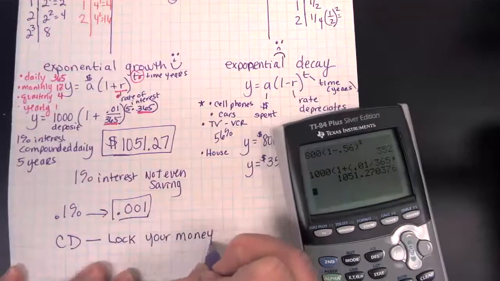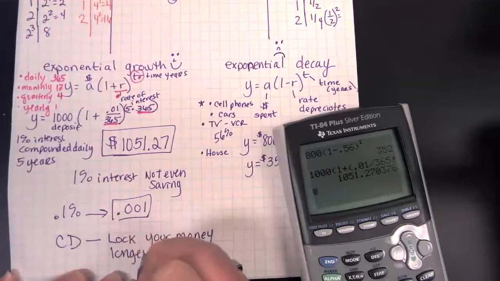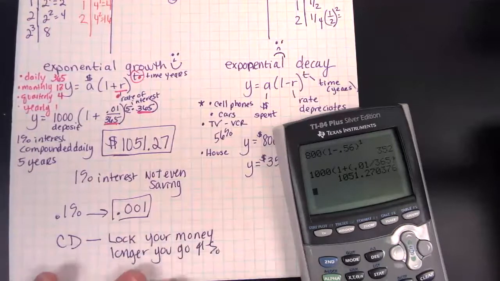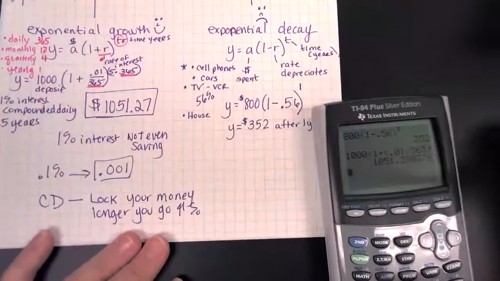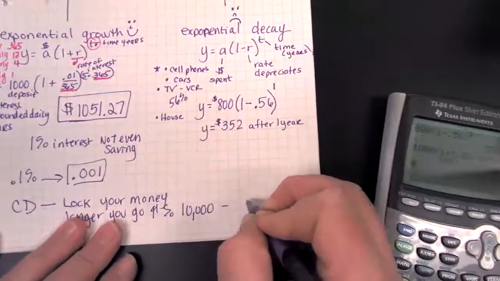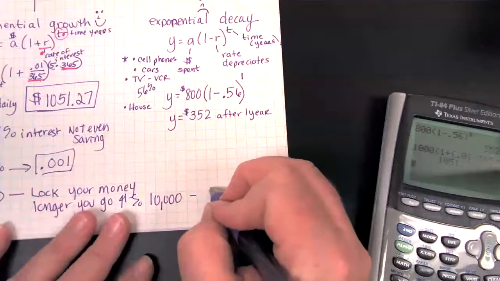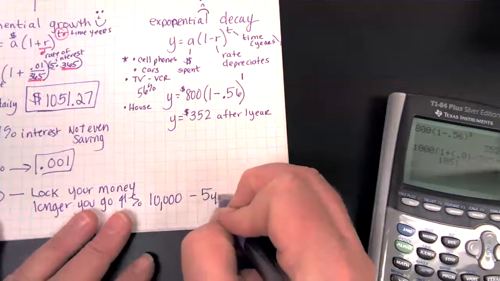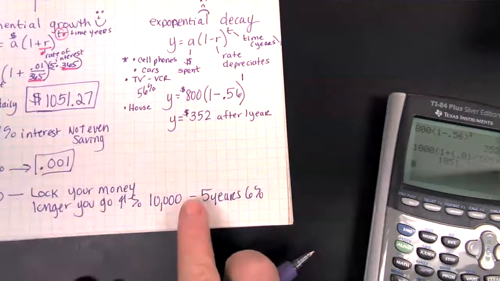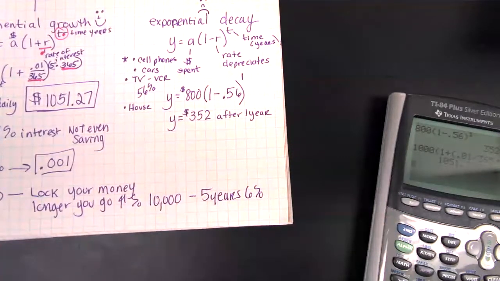And the longer you go, the higher the percent. Okay, so for example, if you locked up $10,000 and you did it for 5 years, you might get a 6% interest rate. But when you stop and think about it, you right now in your lives don't need to be locking up money like that for 5 years.